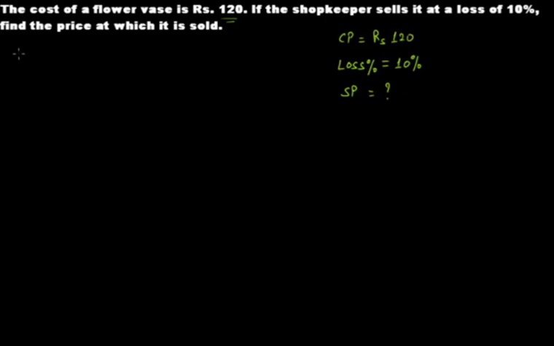Let's take the first way. 10% loss, right? And the cost price is 120. You remember that loss percentage, profit percentage is always calculated on the cost price. Loss is 10%. It means that if we multiply the loss percentage with the cost price, that is 120, this will give you the loss.